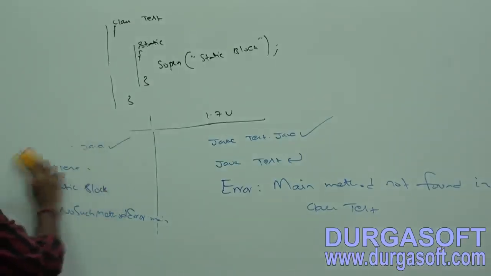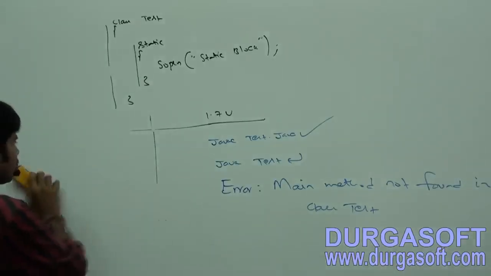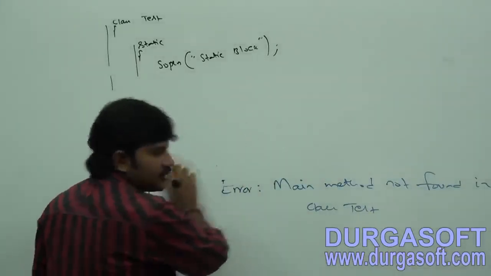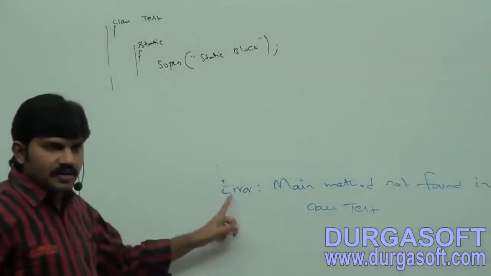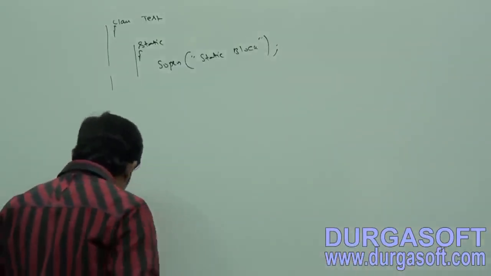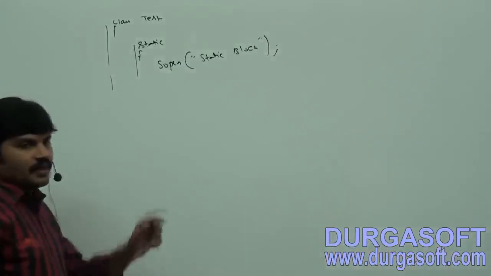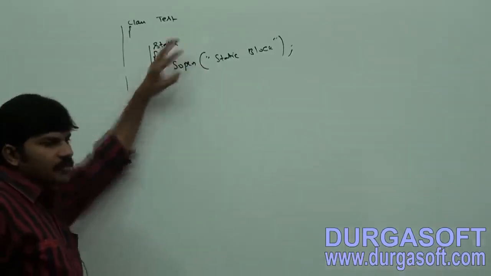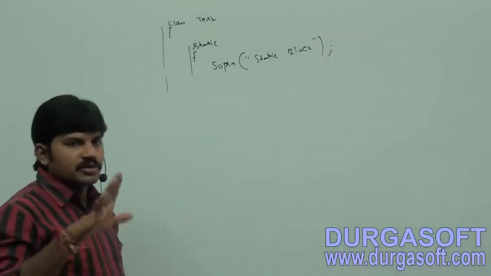Okay. Next, the concept is the same example. Let me make a small change. Here observe. I am taking System.out.println of static block, and my execution is enough. JVM, don't search for the main method.